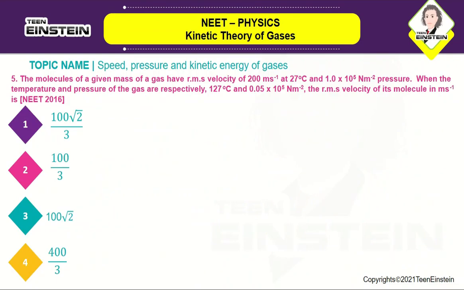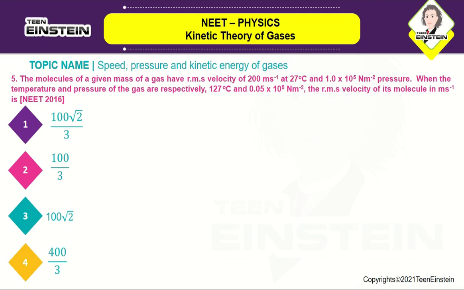The molecules of a given mass of a gas have RMS velocity of 200 meter per second at 27 degrees Celsius and 1 into 10 power 5 Newton per meter square pressure. When the temperature and pressure of the gas are respectively 127 degrees Celsius and 0.005 into 10 power 5 Newton per meter square, what is the RMS velocity of its molecules in meter per second?